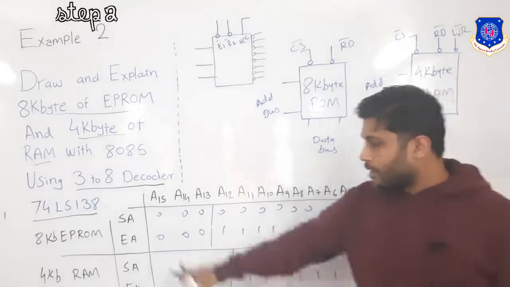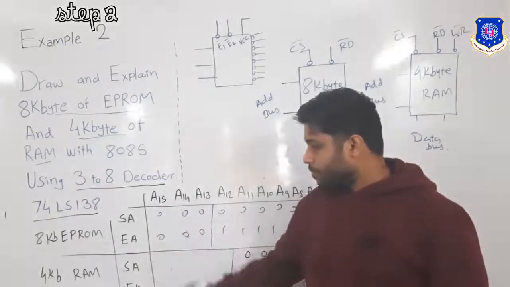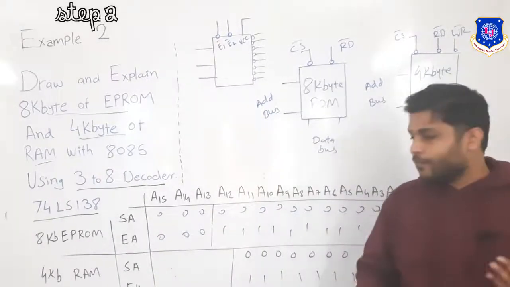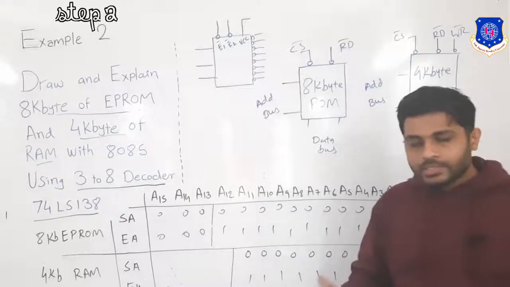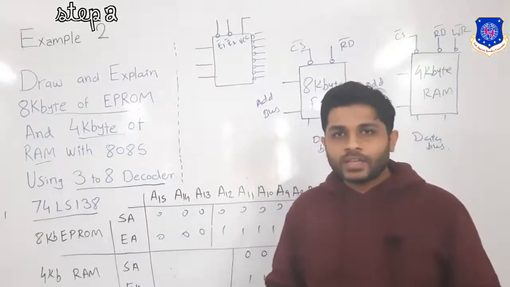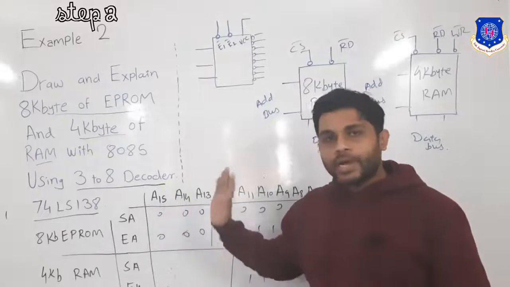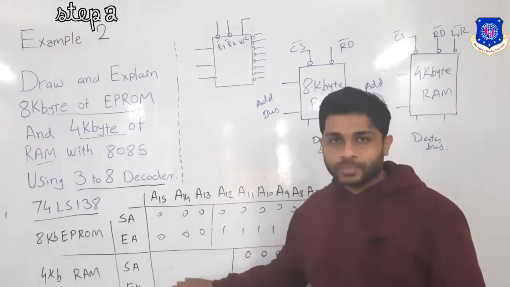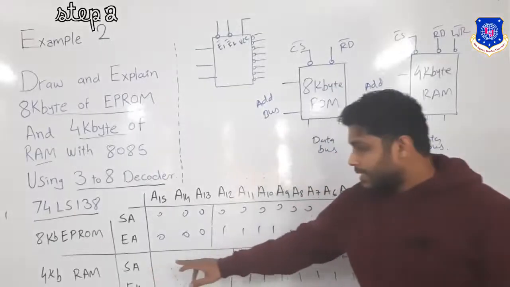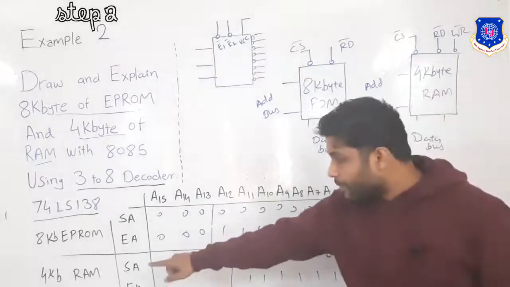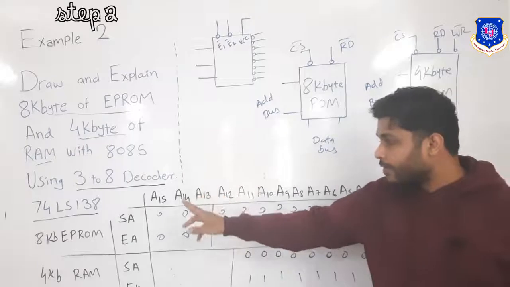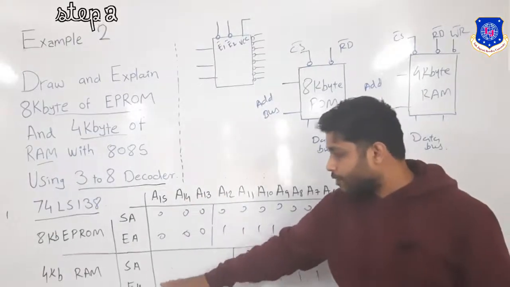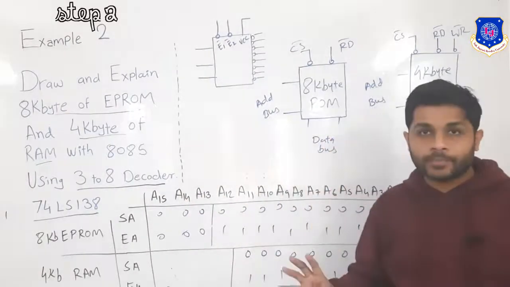Now let's find this for the 4 KB RAM; the concept remains the same. The value of the remaining lines will be the same for one particular chip. So for the starting address of the 4 KB RAM, the value of A13, A14 and A15 will be the same, and for the ending address it will also be the same.